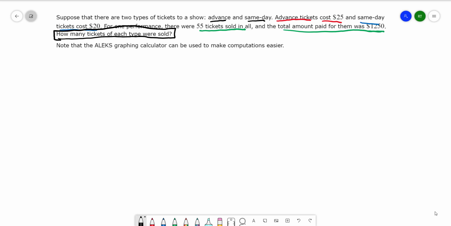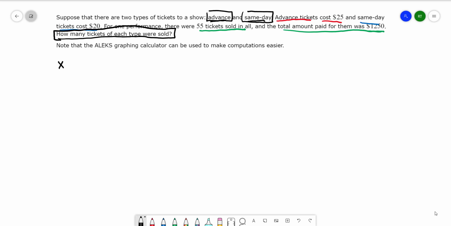So I'm just going to take all this information and reorganize it here. First of all, I like to start with the question and identify what it is we're trying to solve. How many tickets of each type were sold? Since the tickets we're talking about are advance tickets and same day tickets, those are my unknowns.